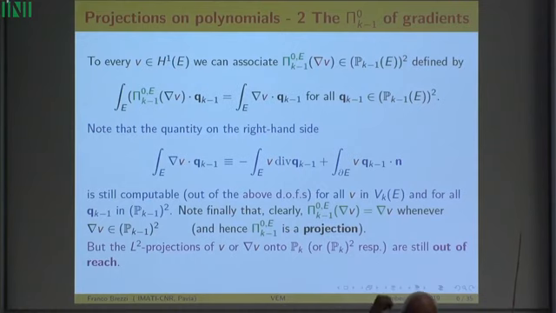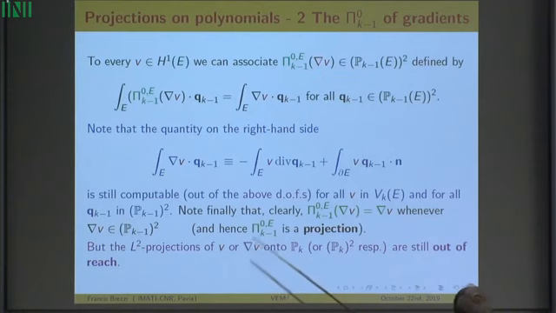You can take the previous projection and take the gradient of it, or you first take the gradient and then you project the gradient onto the polynomials of degree k minus 1, because you expect your projection to be correct when V is a polynomial of degree k, so the gradient of V is a vector valued polynomial of degree k minus 1, as this guy here.